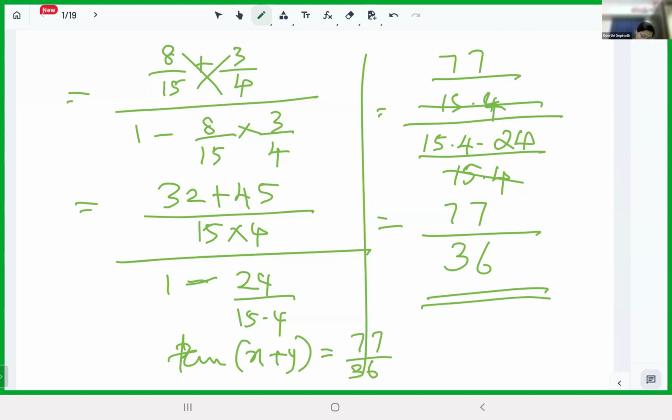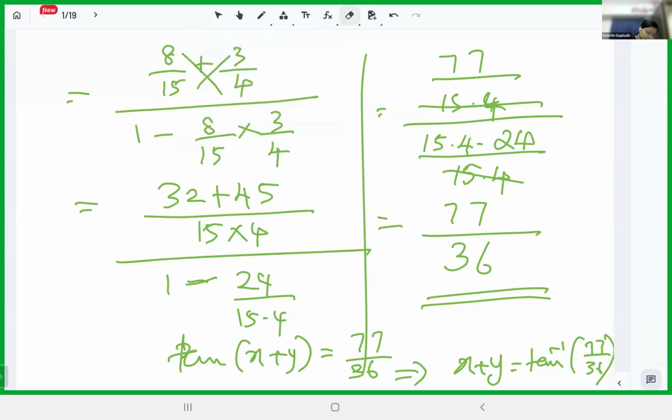Right. So we can write x plus y is equal to tan inverse of 77 by 36. And what is x and what is y?